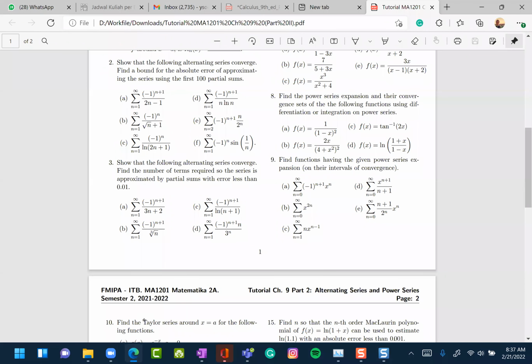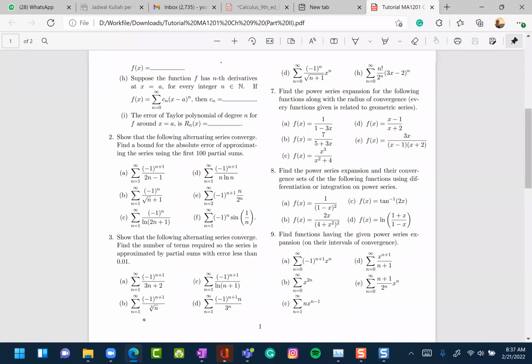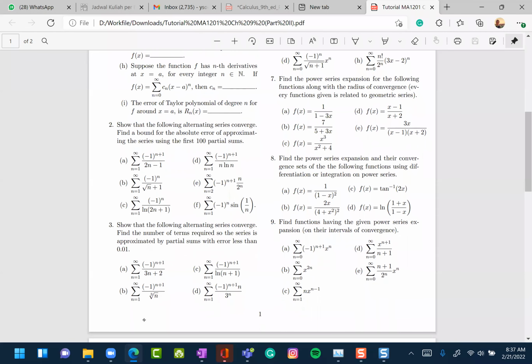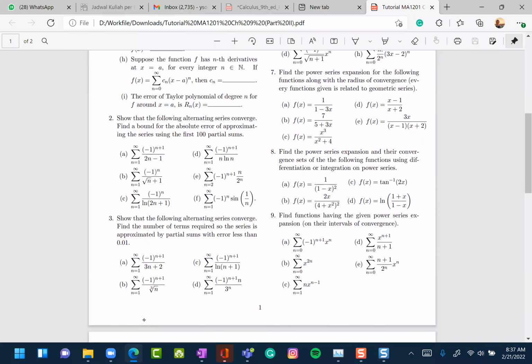For example, let's say, what about this tangent inverse of 2x?